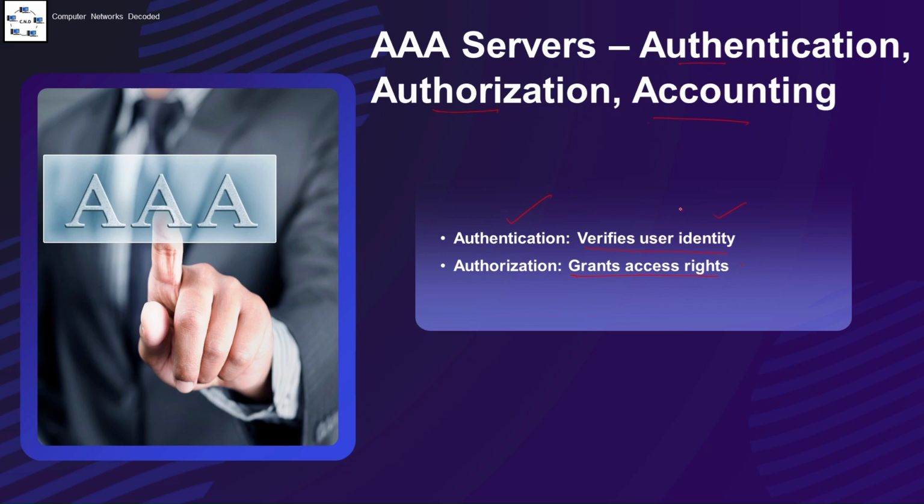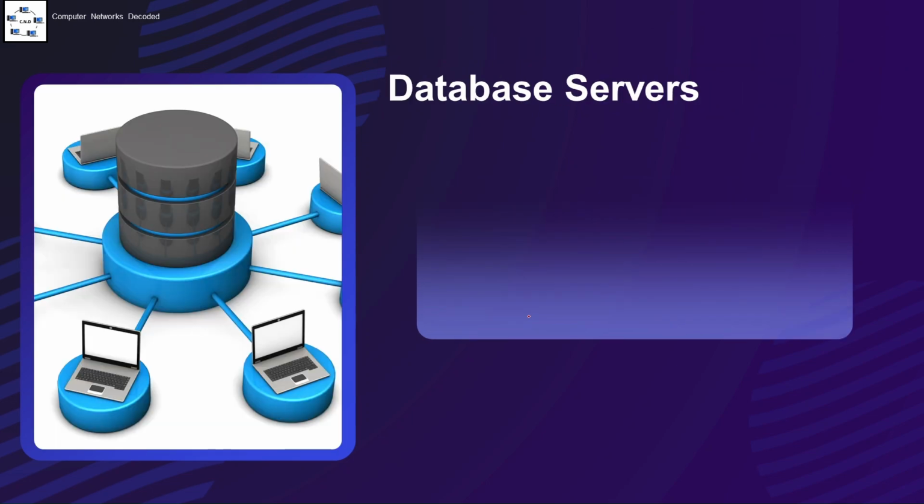So first you authenticate, and then you are granted access based on your user. And the last step is accounting. So when you perform certain tasks inside the application or the server, each and every activity is logged or tracked using the accounting service.